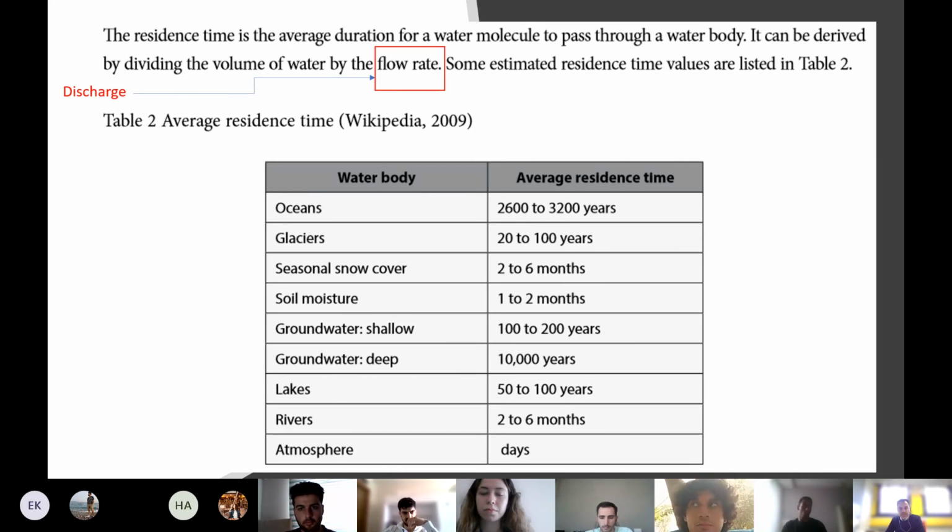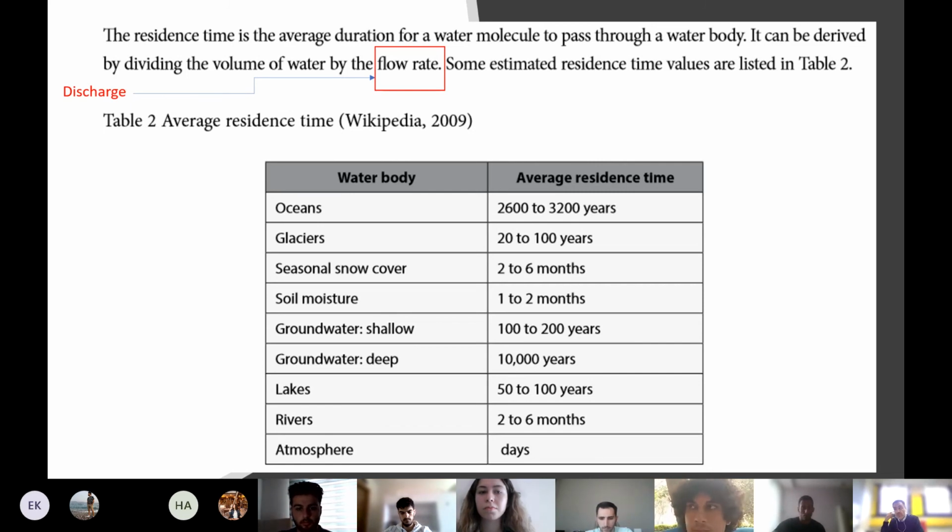Flow rate means the amount of change of water by time. When we are talking about rate of something, rate of increase means how much something increases by time.